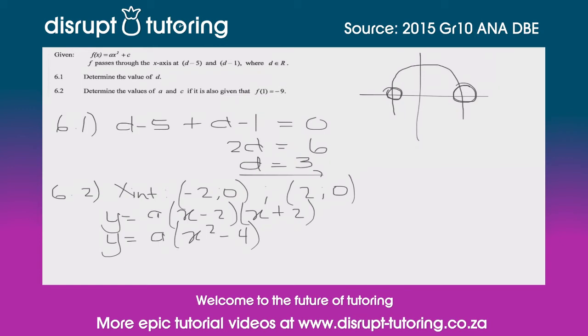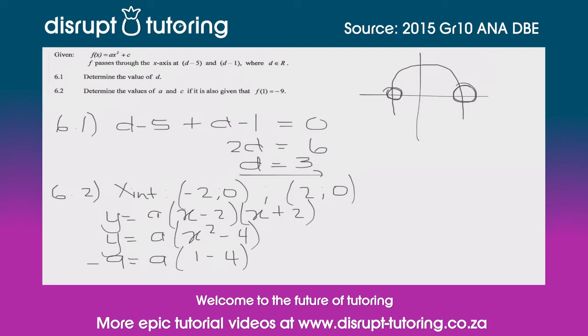And then we're going to plug in a point on this curve. So what is the point on this curve? They've given us f of 1 is minus 9. So that means for x is 1, y must be minus 9. So we've got minus 9 equals a times, and x squared is 1, minus 4. I'm running out of space, but I hope you don't mind. I'm going to start moving to the right-hand side.